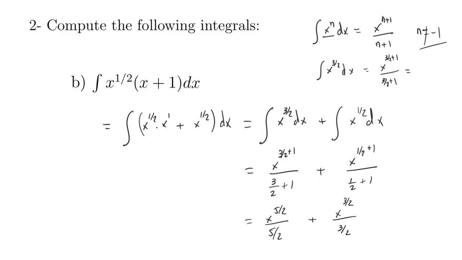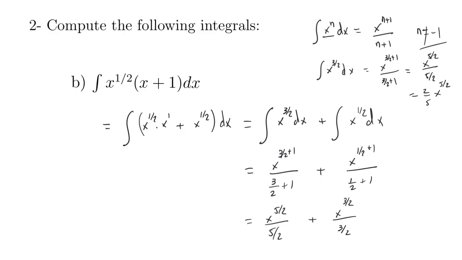Or in other words, x to the 3/2 plus 2/2 is 5/2, divided by 5/2. Or in other words, 2/5 x to the power 5/2. So this is the power rule to remember.